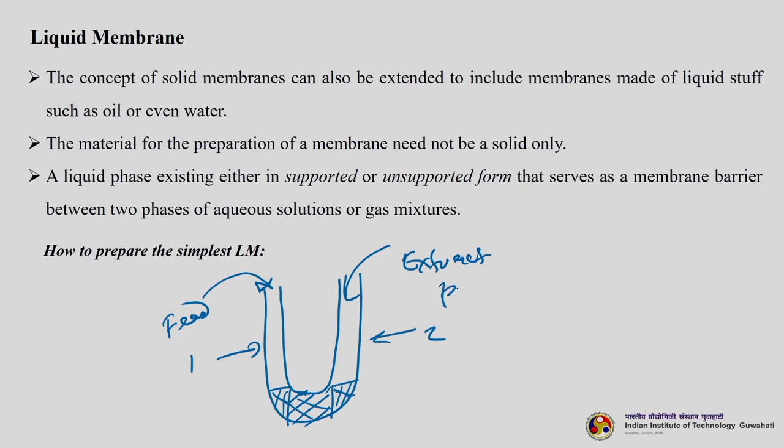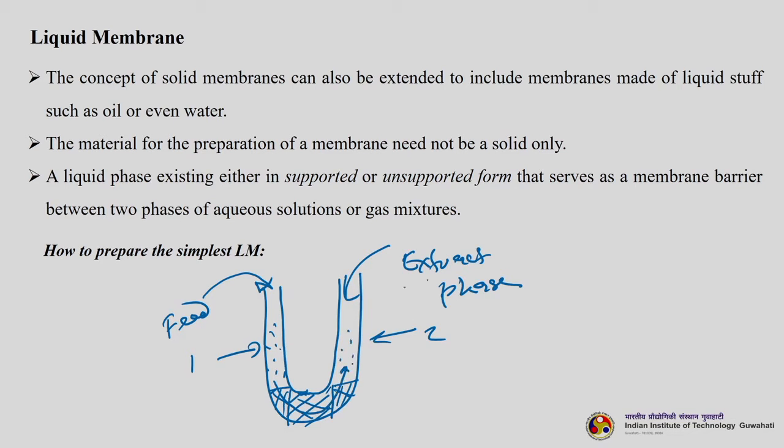Please understand that there is an extract phase here, which is something extra that is not present in other membrane systems. This phase will extract the materials which we want to remove from the feed phase. Let us say the solutes are in the feed phase and we want to remove them; the solutes will travel through this liquid membrane and come to this phase.